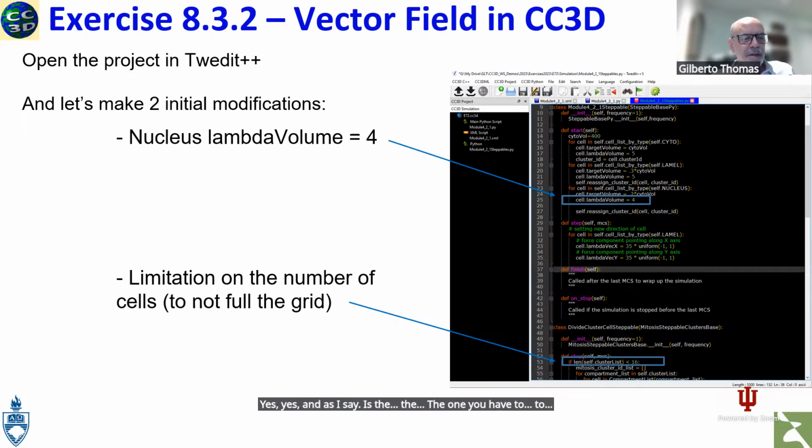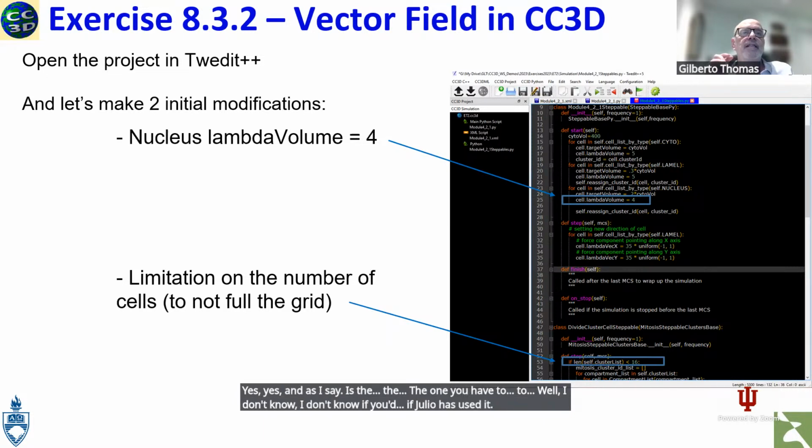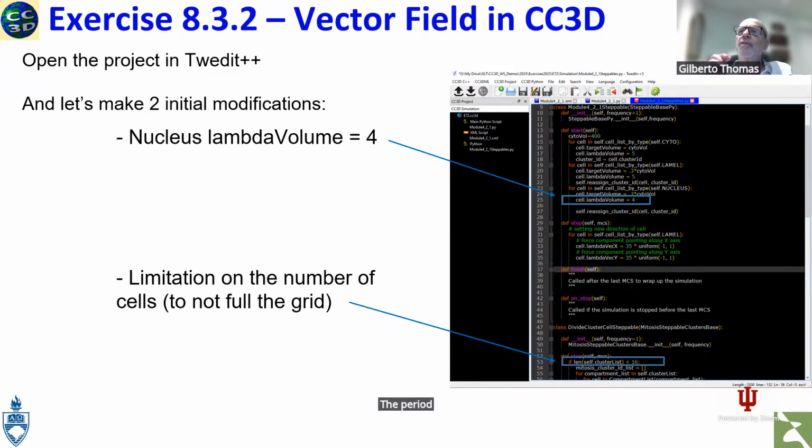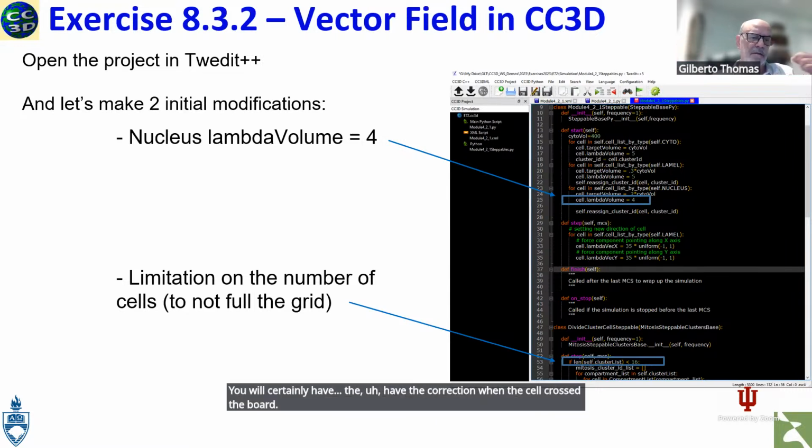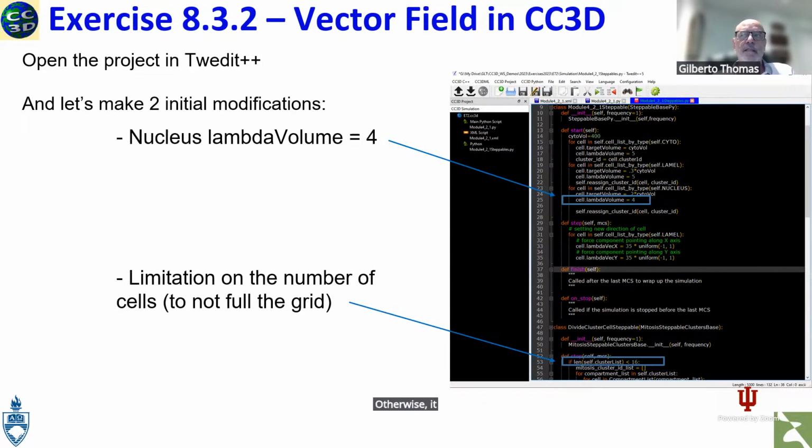Well, I don't know if Julio has used periodic boundary conditions. I don't remember that. But for sure, if the code has periodic boundary conditions, you will certainly have the correction when the cell crosses the border. Otherwise, it doesn't work.